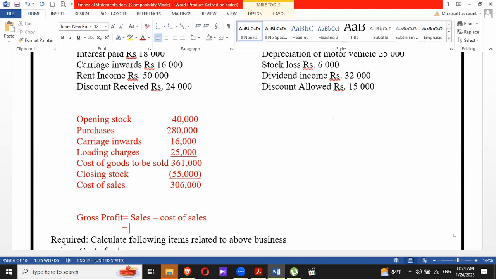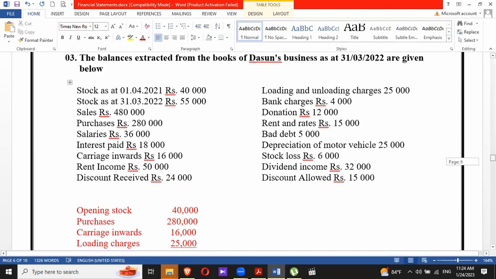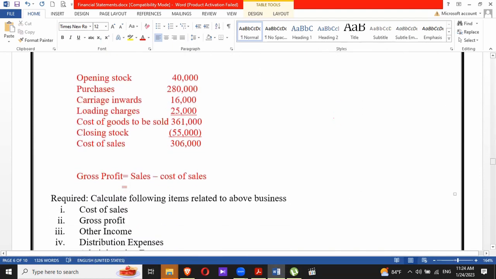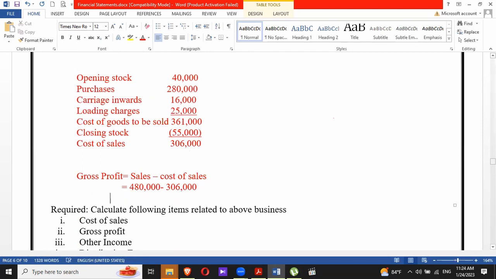Sales value equals 480,000. 480,000 minus cost of sales, that means 306,000. 480 minus 306 is the gross profit, so you can take the answer for the gross profit: 174,000.